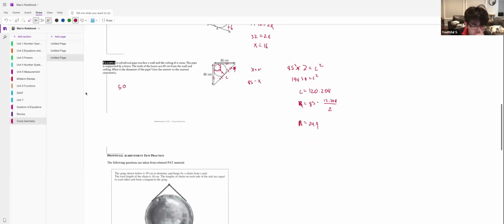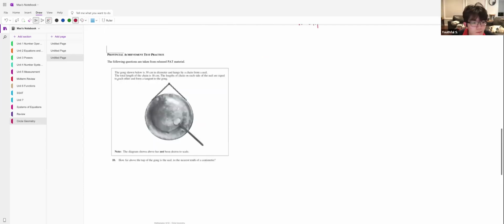Anyways, okay, last problem for today. Provincial achievement test practice. Okay, the gong shown below is 30 centimeters in diameter. The total length of the chain is 18 centimeters.